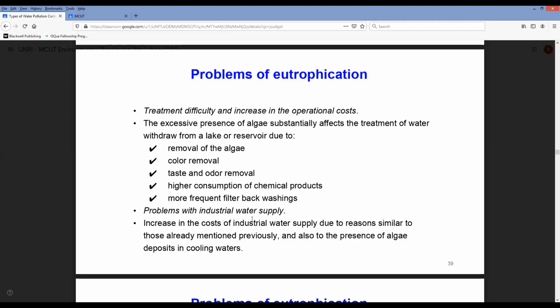And then there is the problem with industrial water supply, because during the eutrophication there are so many bacteria in the water, so this water is not able to be used for industrial manufacturing purposes. It will increase the cost of industrial water supply due to the reasons already mentioned previously, and also the presence of algae deposit in the cold water. Okay, thank you. Next.